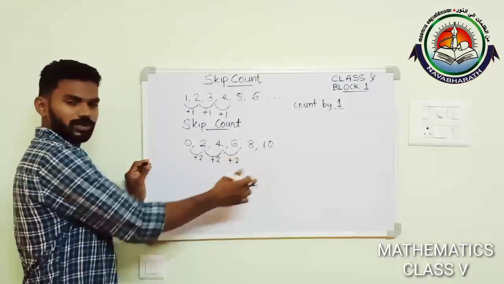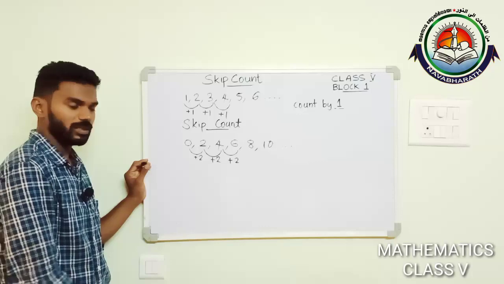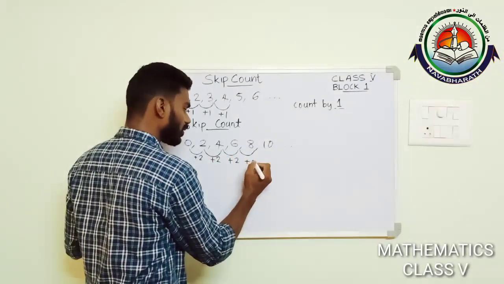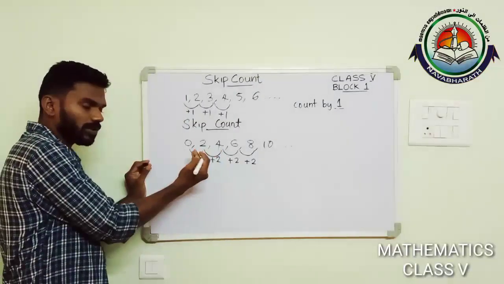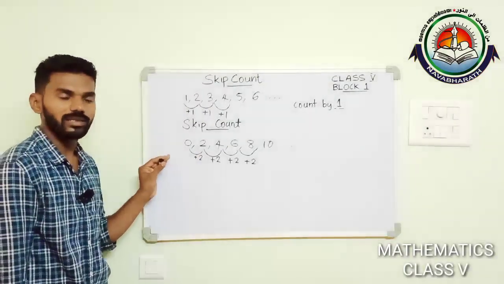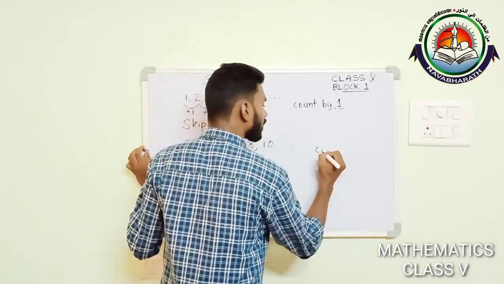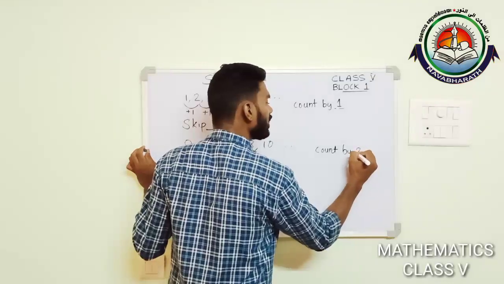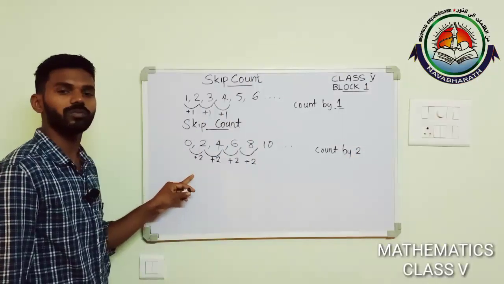So in this counting, you are continuously adding the number 2 to the previous number. And you can say that this is a count by what? Count by 2. This is a count by 2.